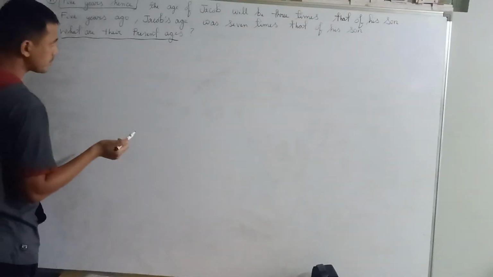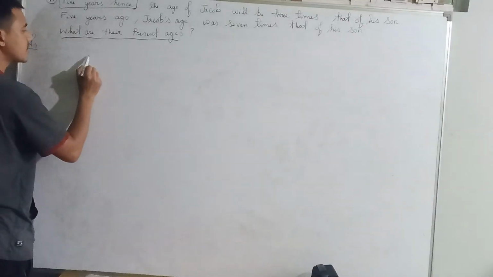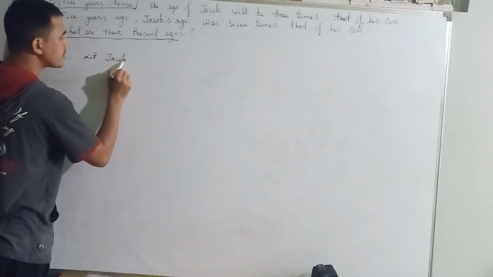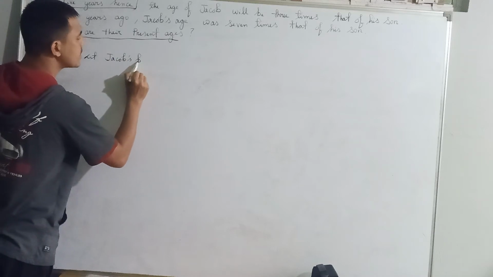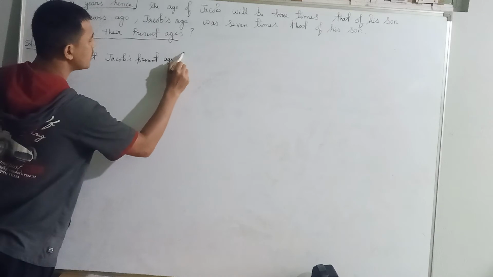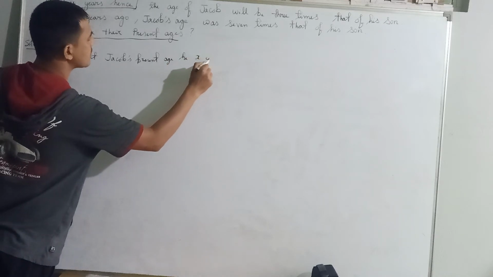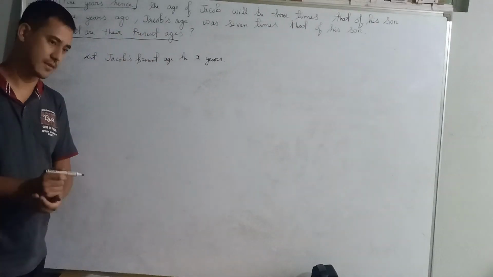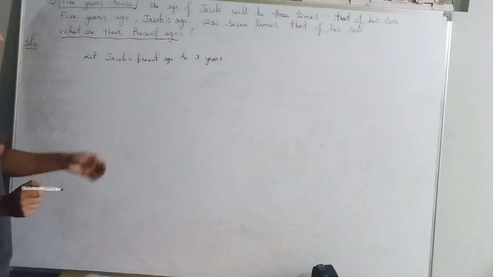So what we are going to do is let Jacob's present age be x years. It means in 2021, Jacob's age is x years. Present age, okay?